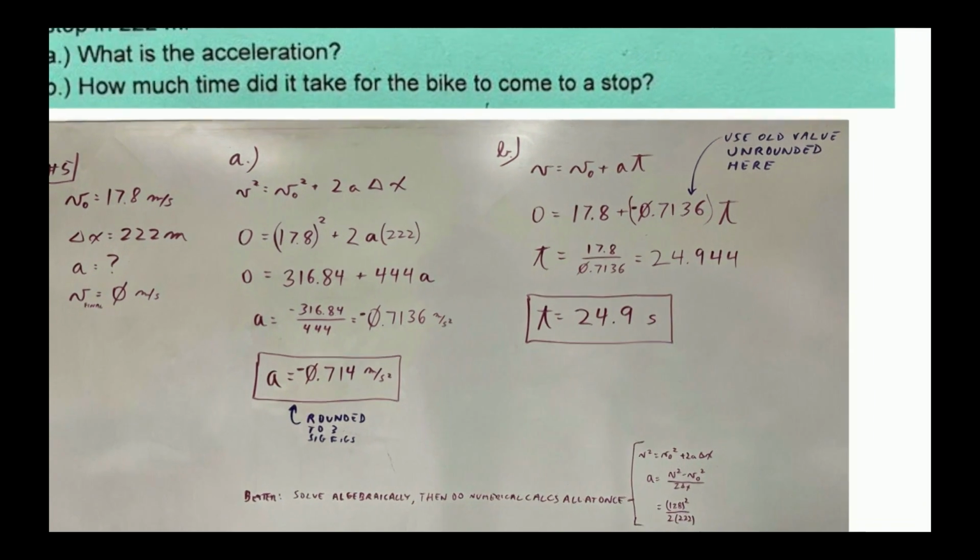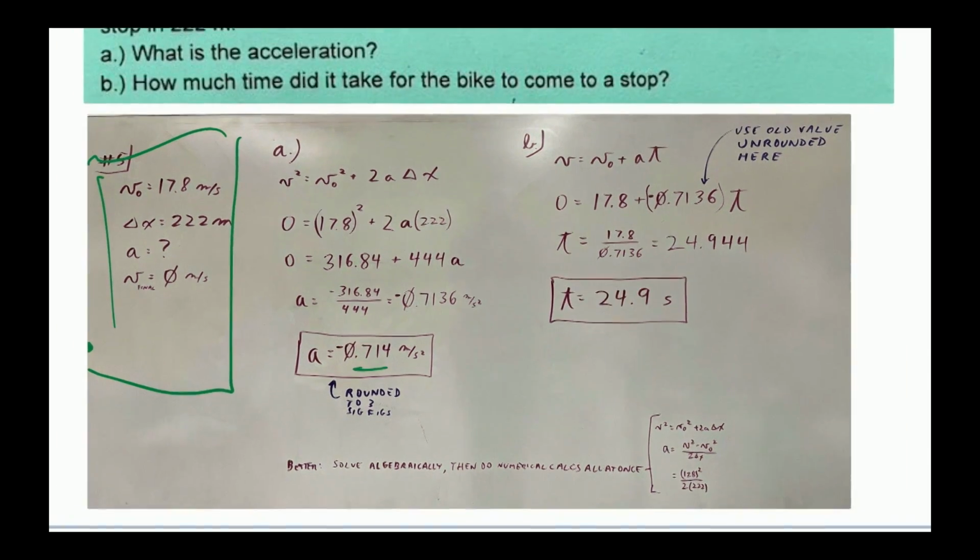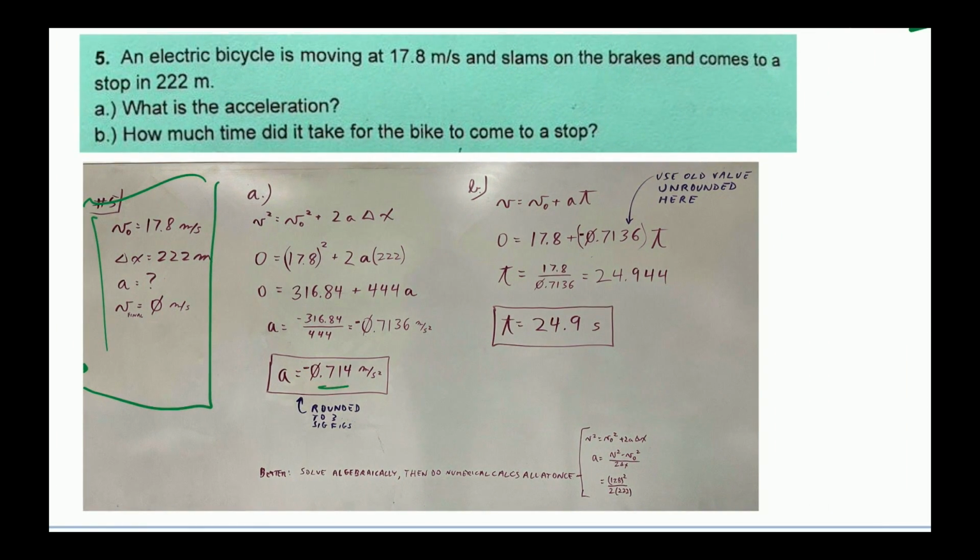You'll see, without getting into every line item here, that I listed my available information and then solved and reported my answer in 3 significant figures because the problem was given in 3 significant figures. Okay? So that's how you approach the rounding for that.